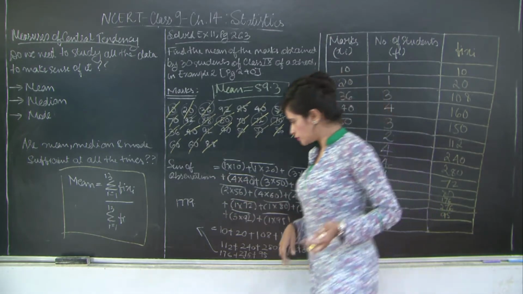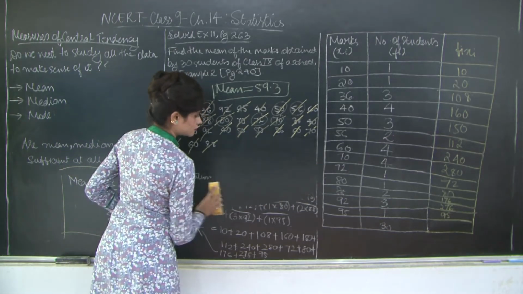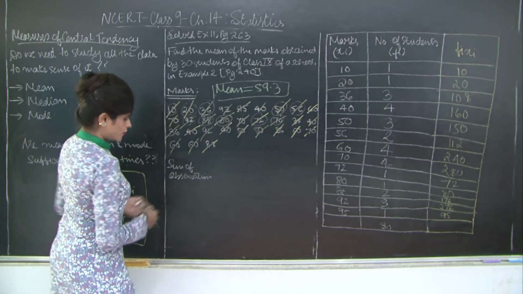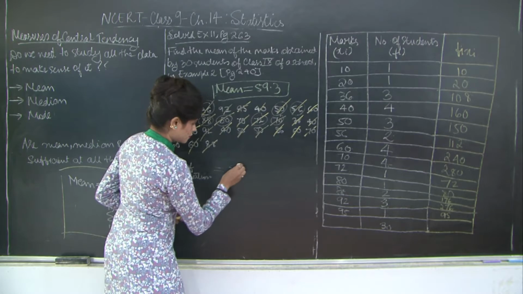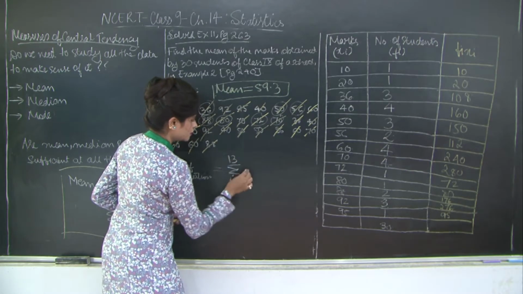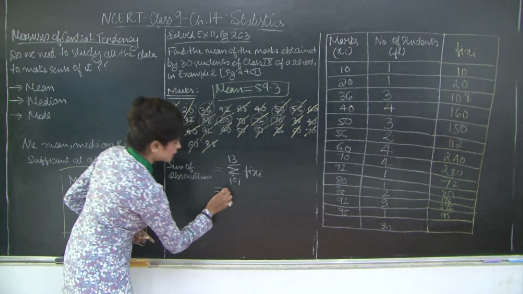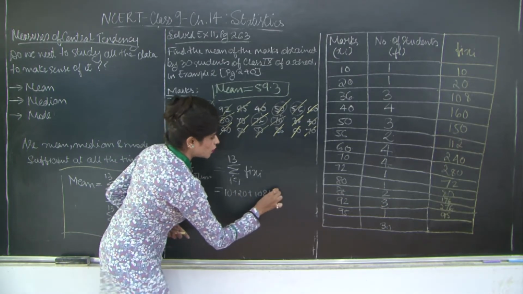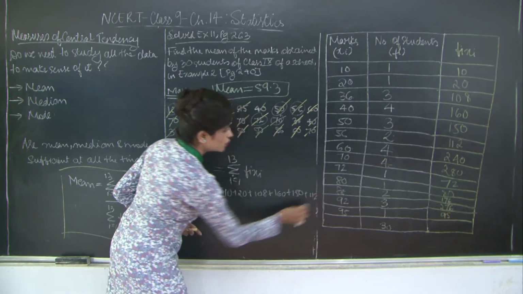And if you want, I can do it for you. So sum of observations is going to be summation i equal to 1 up to 13 Fi xi, which is nothing but 10 plus 20 plus 108 plus 160 plus 150 plus 112 and so on.